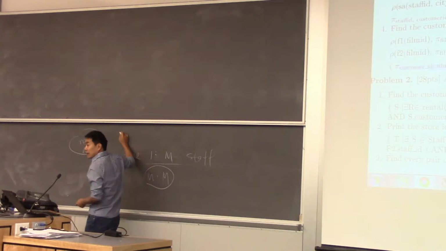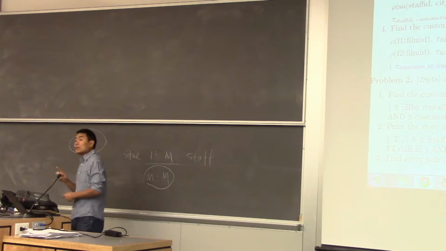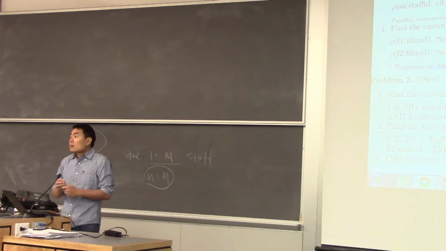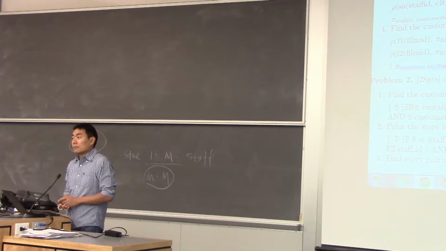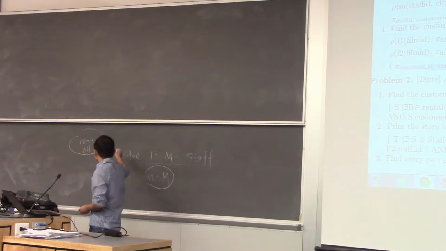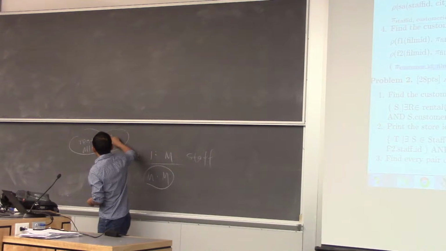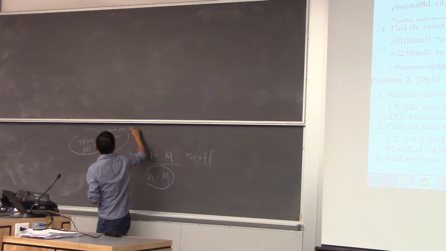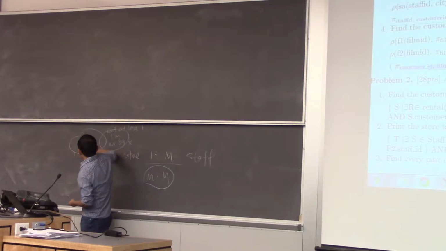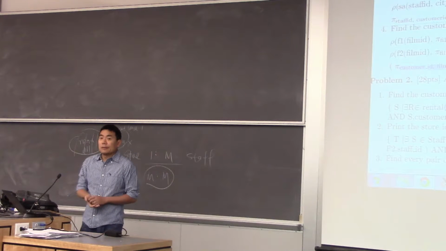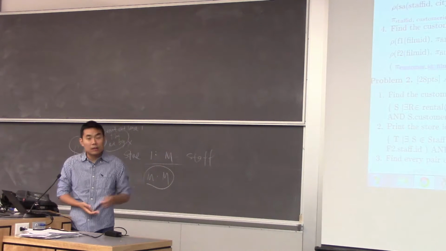Then you find those who have rented a film not acted by Emily D. Rent at least one film not by this actor X. Then what you want is this part. That's essentially the idea here.